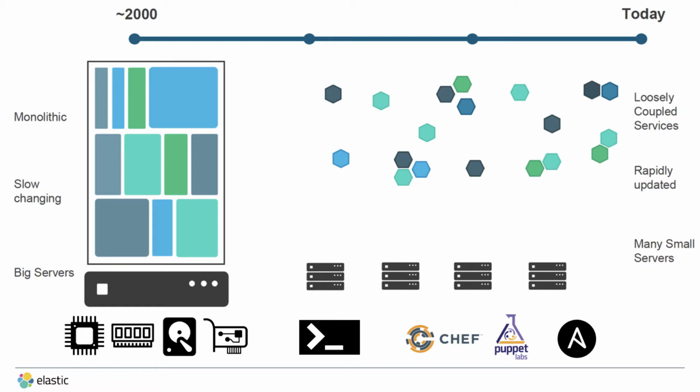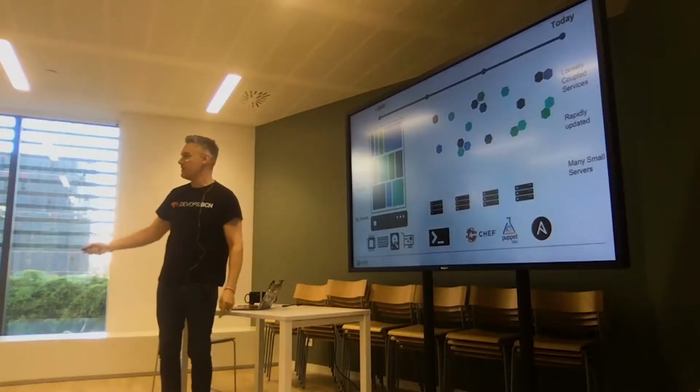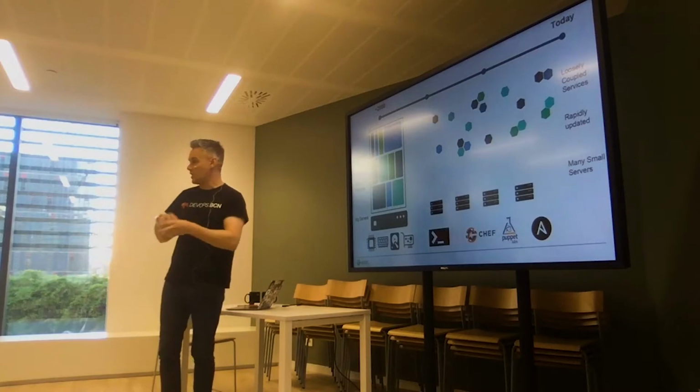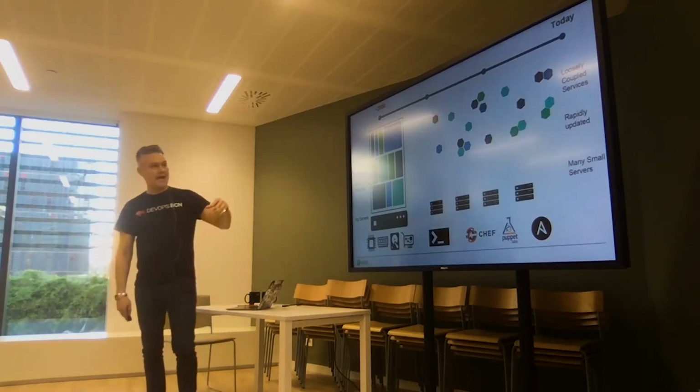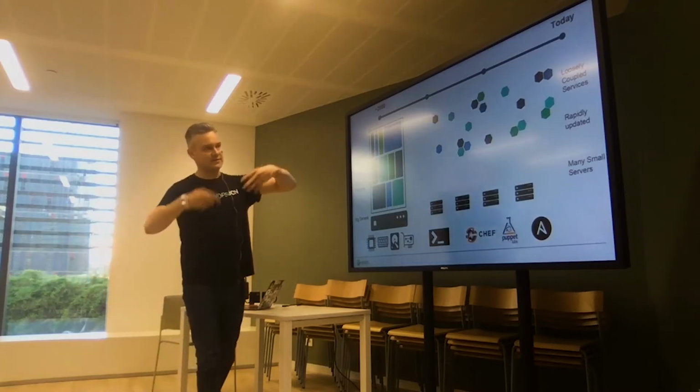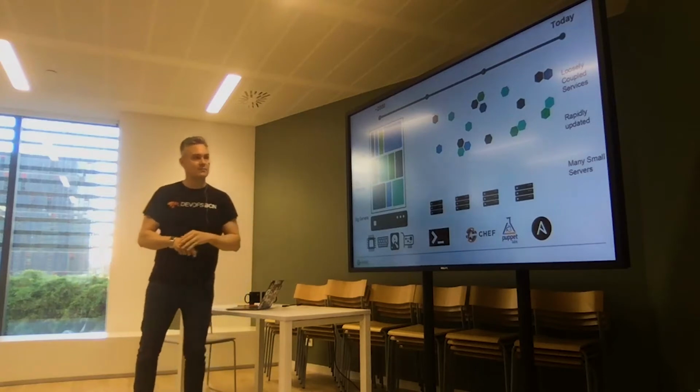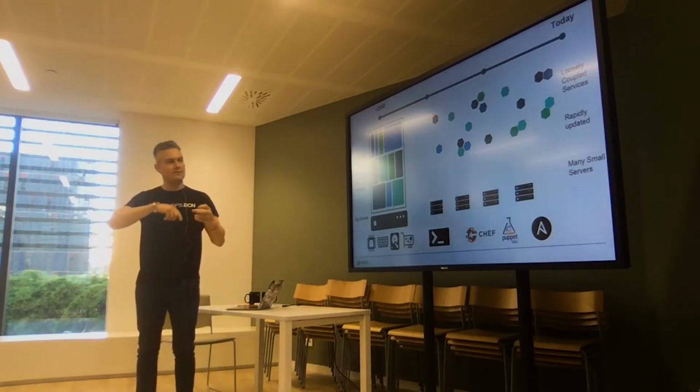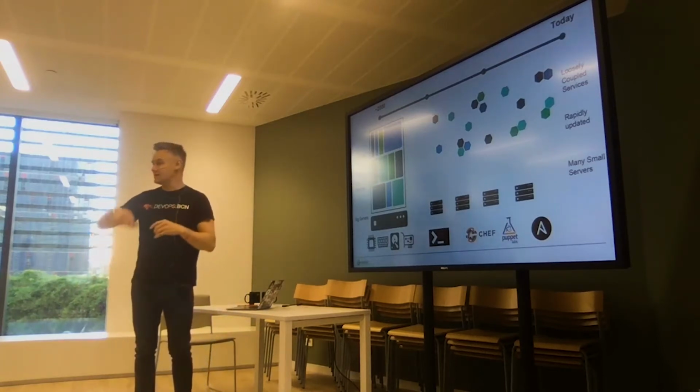But in the scenario where we have evolved onto this distributed way of designing software, we have microservices, or little chunks of code that have their own life cycle, following the principle of loosely coupled deployment and communications, and being updated very rapidly.